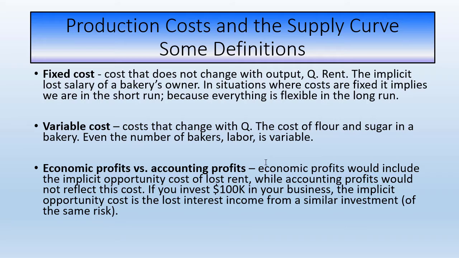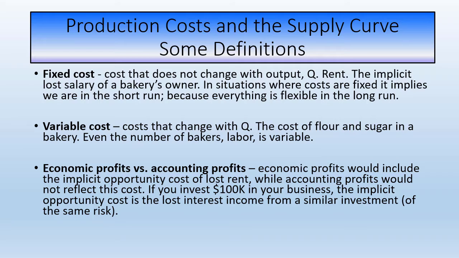Now, next we'll look into fixed costs. And fixed costs are costs that do not change with output, Q. So when you change quantity of output, it doesn't change. And that's rent. Okay? So rent is a fixed cost. And, again, we're talking in the short run when we're dealing with a fixed cost. Now, the implicit salary of a bakery owner, for example. Now, let's think about that.